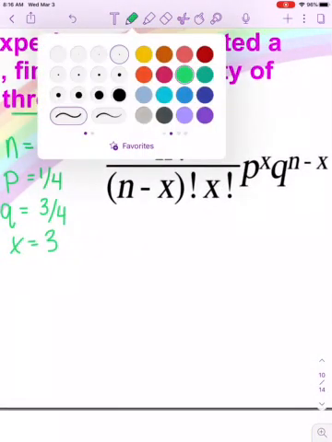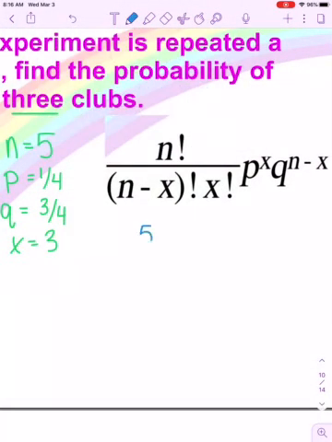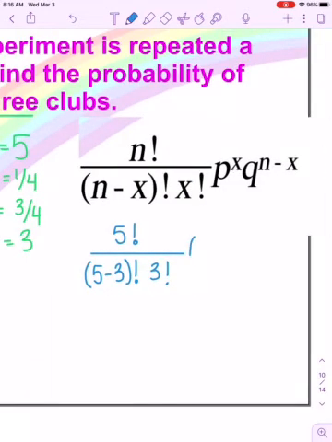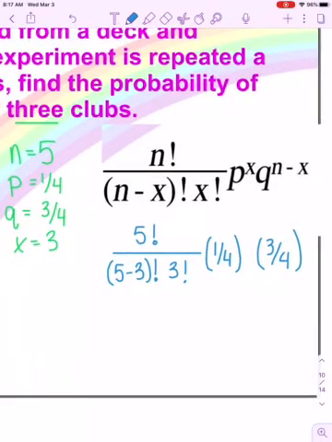So then I take these and I plug them into my formula. Okay? N is 5 factorial over, again, 5 minus, I want 3 successes. So that's my x. X is still 3. My probability of success is 1/4. My probability of failure is 3/4, and I just fill in my exponents.